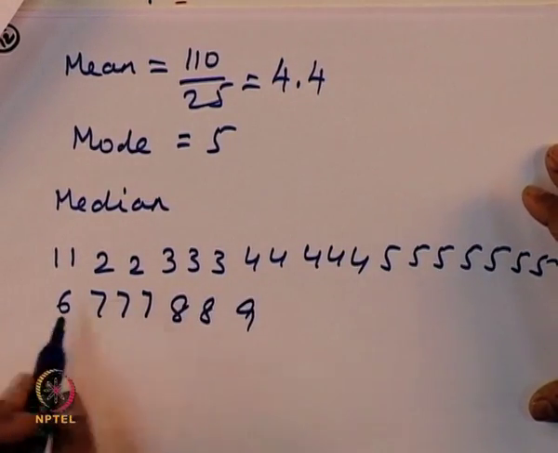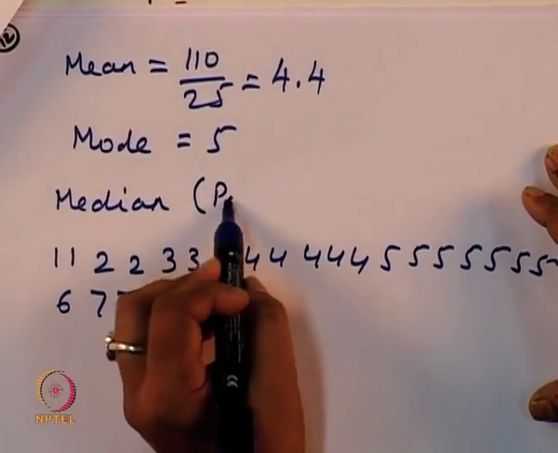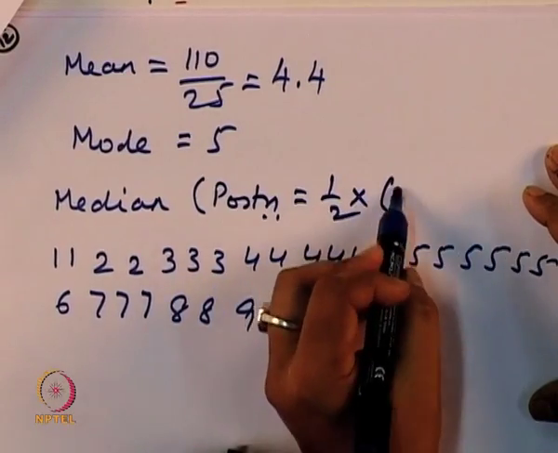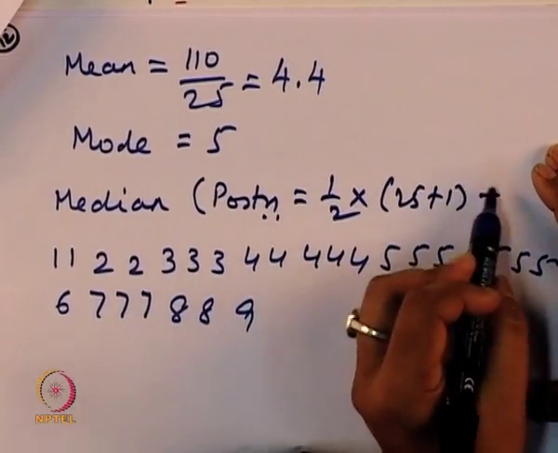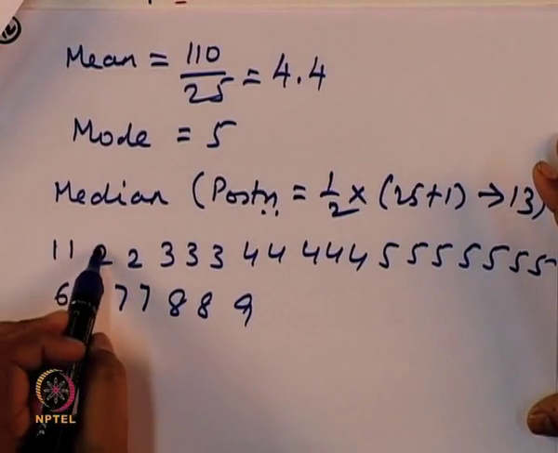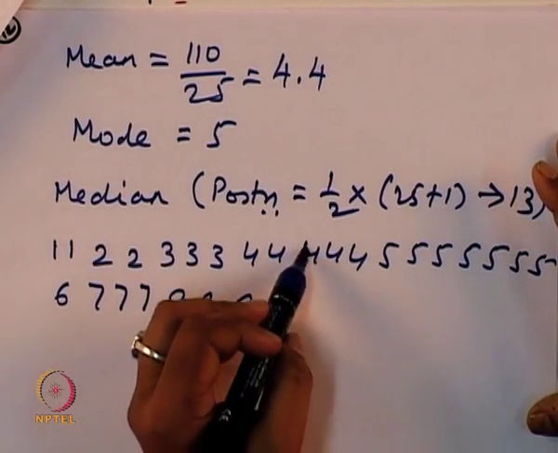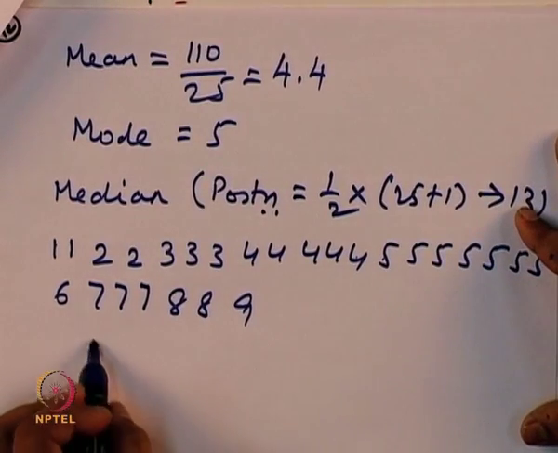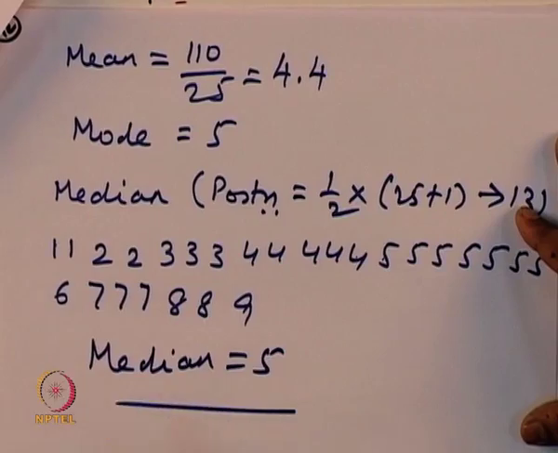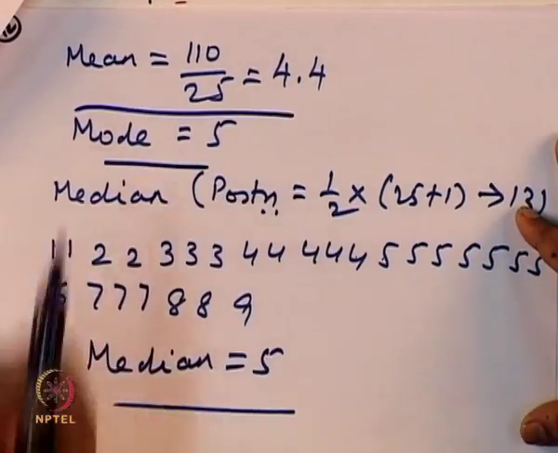So, I want to find out the median, which is at position half into 25 plus 1, which is position 13. And what is position 13? 1 2 3 4 5 6 7 8 9 10 11 12 13. So, we get the median is equal to 5. So, these are your 3 observations.